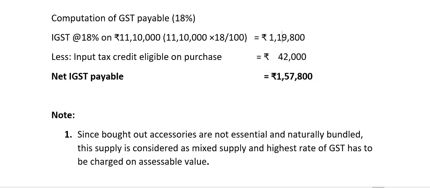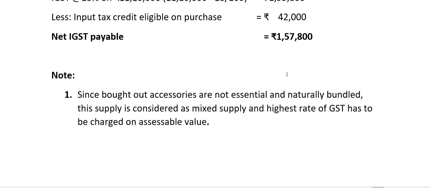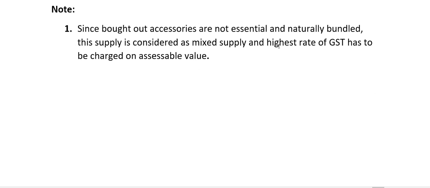So when you deduct that, you will get 1 lakh 57,800. This is the net GST payable. You can go through the working note, that is I have already mentioned this. Because it is a mixed supply, we will take the highest rate of GST.